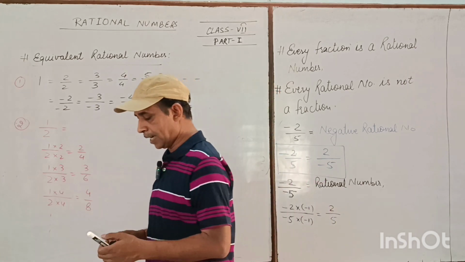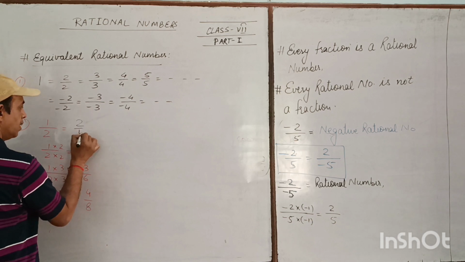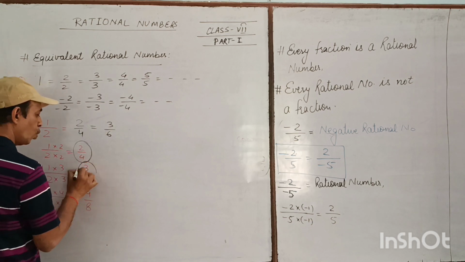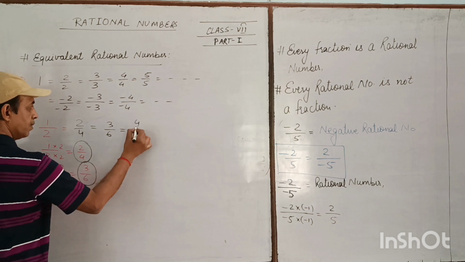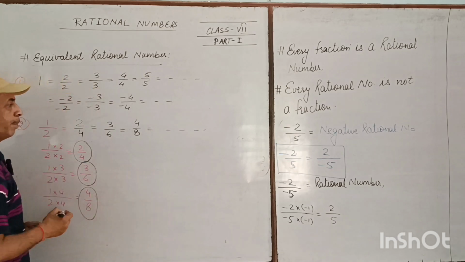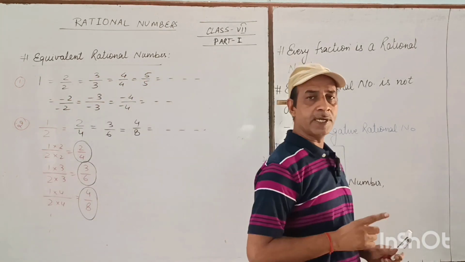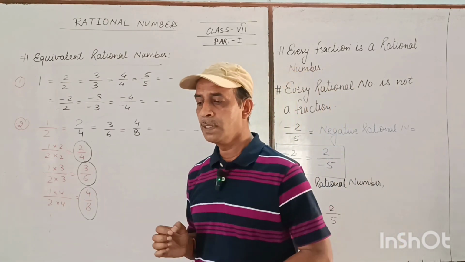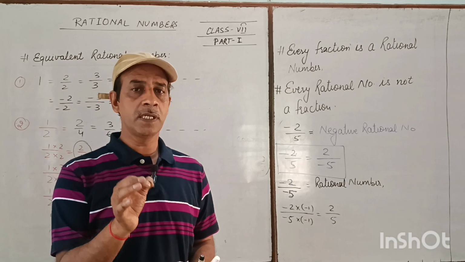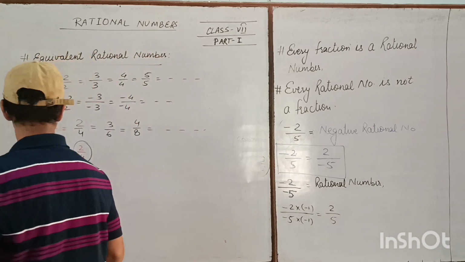We can get infinite rational numbers which will represent 1 by 2 by multiplying its numerator and denominator by infinite non-zero integers. That means what can we say?